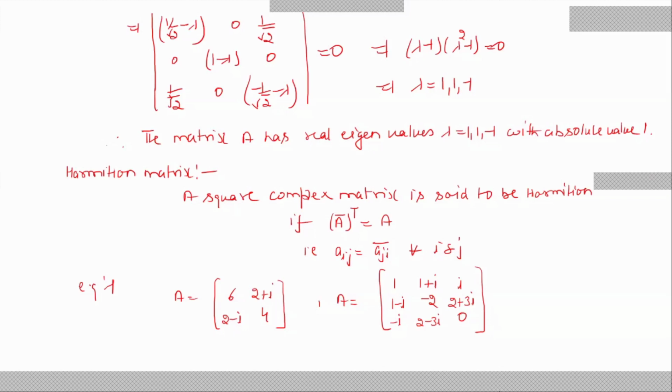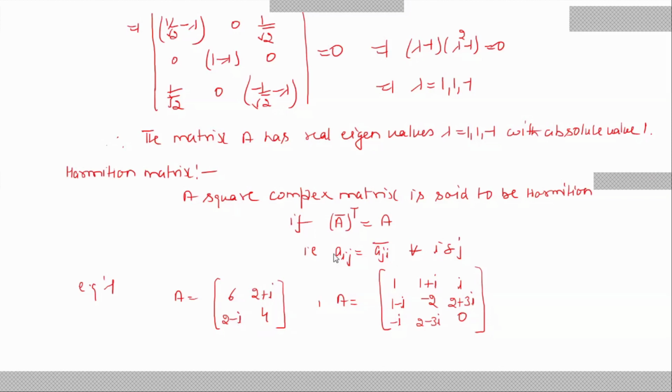So this is true for all. Let's take an example. Suppose these are diagonal entries, and suppose A12 is 2 plus iota, then A21 is equal to its conjugate, that is 2 minus iota.